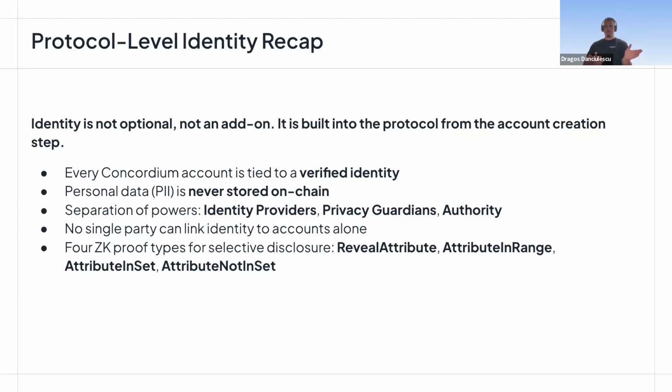We have the identity providers, the privacy guardians, and the authority. The goal of these is that in the end, no single party will be able to link an identity to an account alone. There are also 4 zero-knowledge proof types, which stand at the base of everything. So we have reveal attribute, attribute in range, attribute in set, and attribute not in set. These can be used respectively for many different use cases.